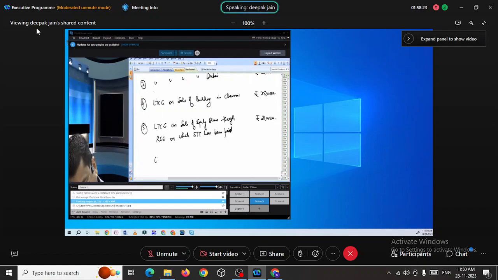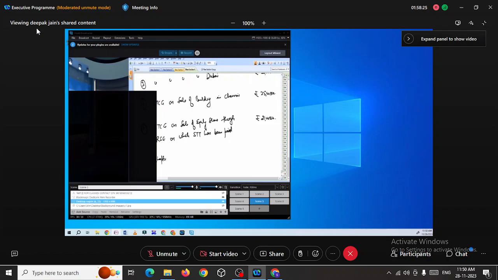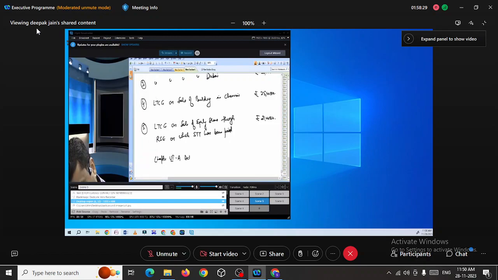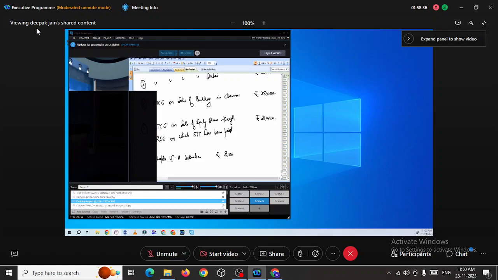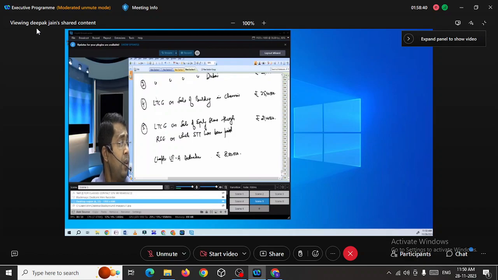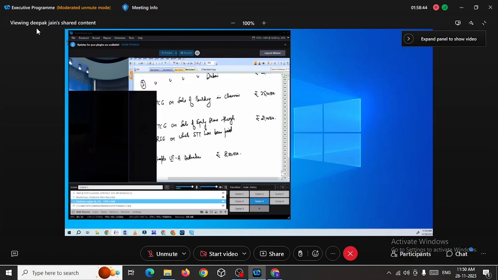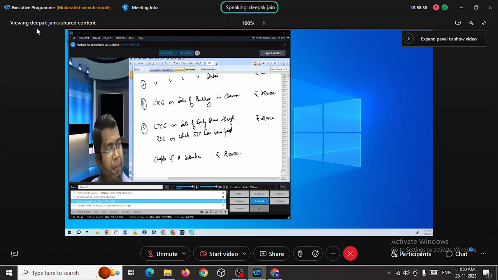Chapter 6A deduction, rupee 8 lakh. Compute tax liability of firm.